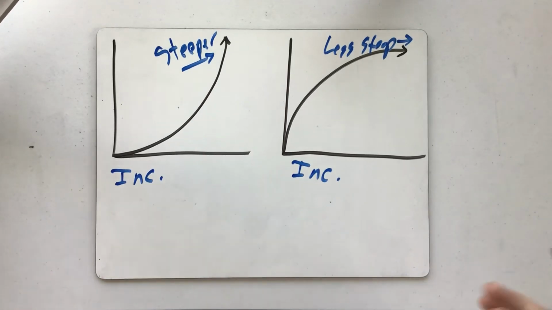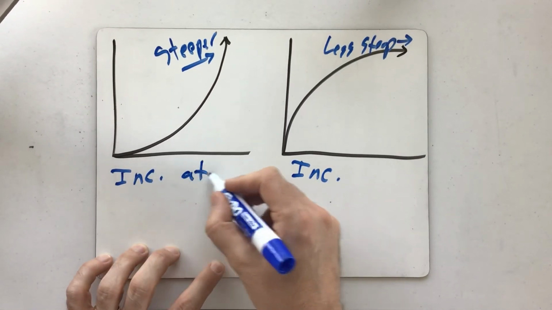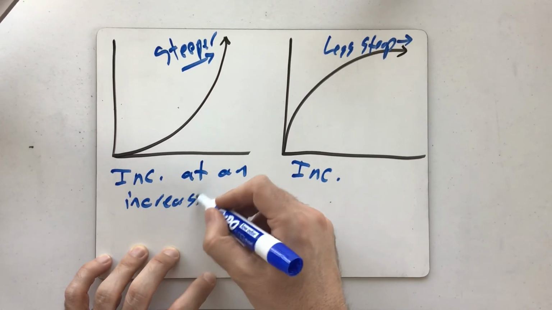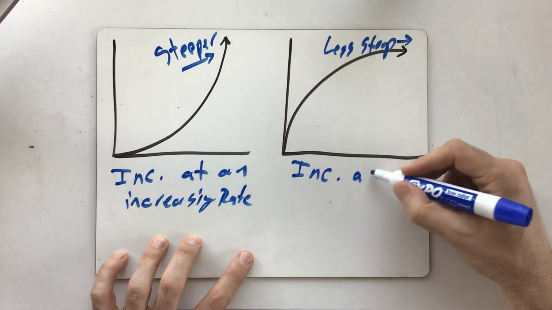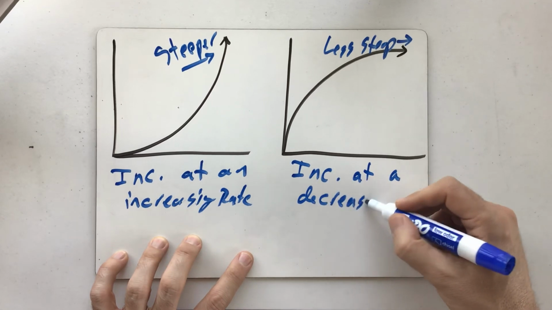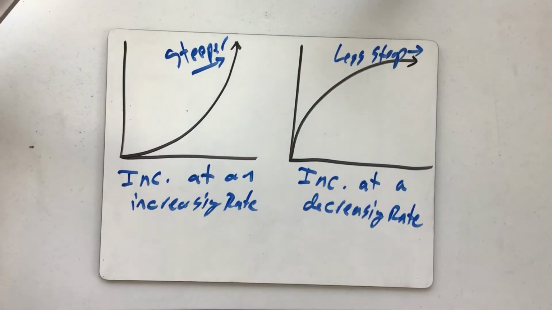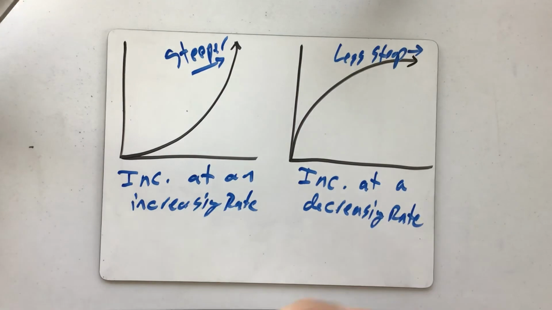One of the ways we'd like to say this in math is this increases at an increasing rate, whereas this increases at a decreasing rate. So this graph gets steeper and steeper and steeper. This graph gets less and less and less steep.